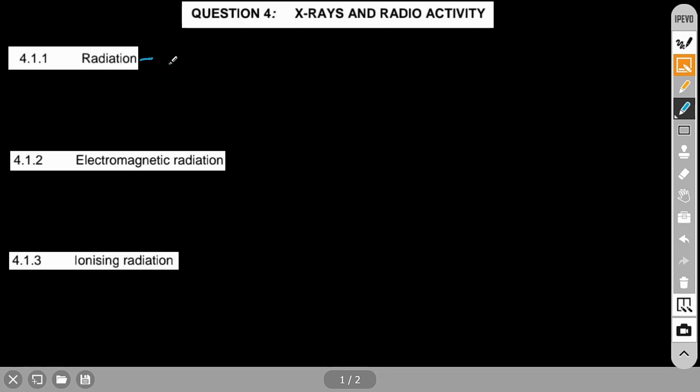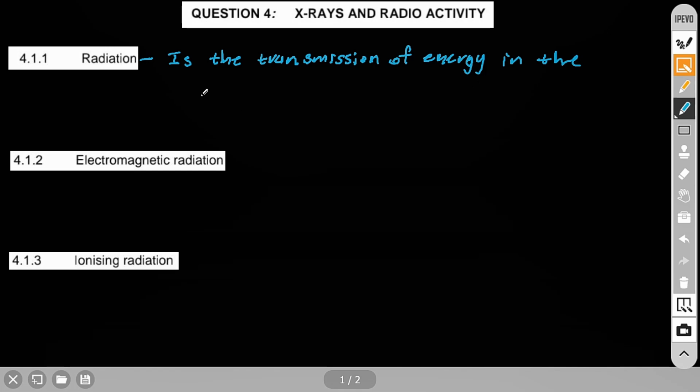So that's the definition: the transmission of energy in the form of waves. So that was your definition, guys.